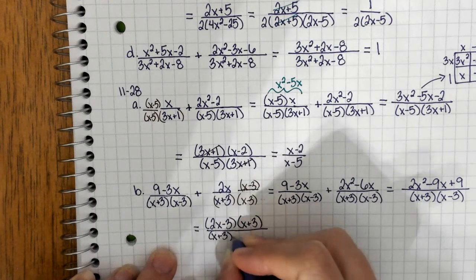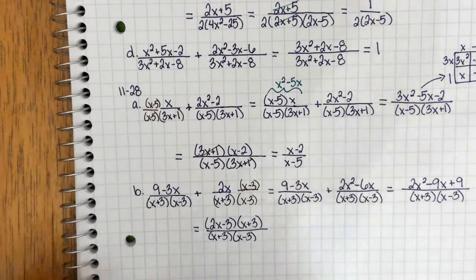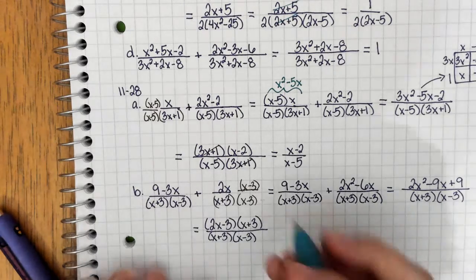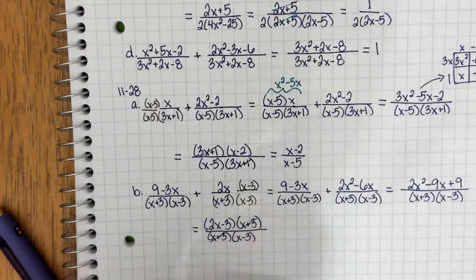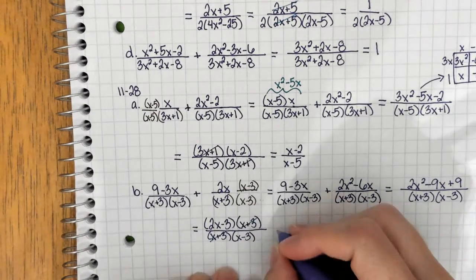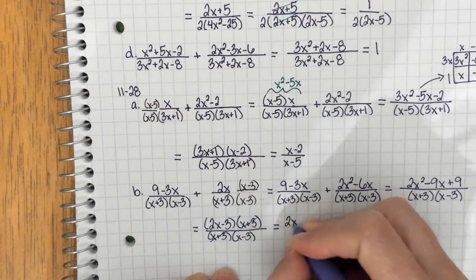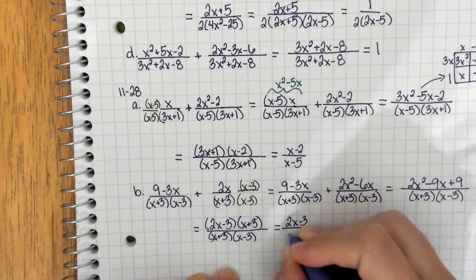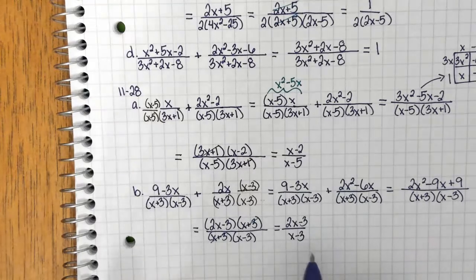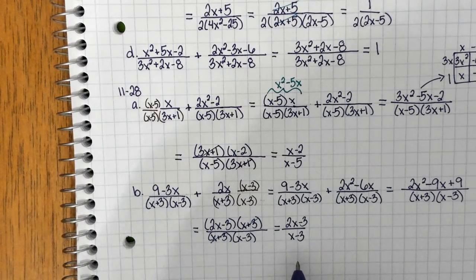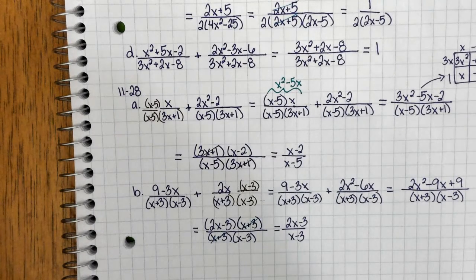X plus 3 times x minus 3. I can see that my x plus 3's are going to cross out. And I have 2x minus 3 over x minus 3. Nothing here can simplify. You have to leave it exactly like that. And that's your final answer there.